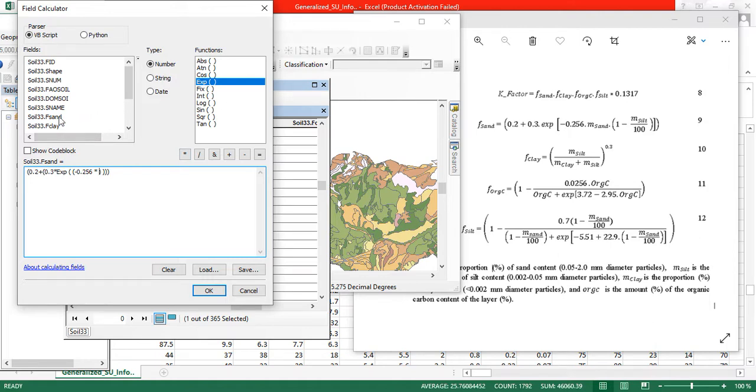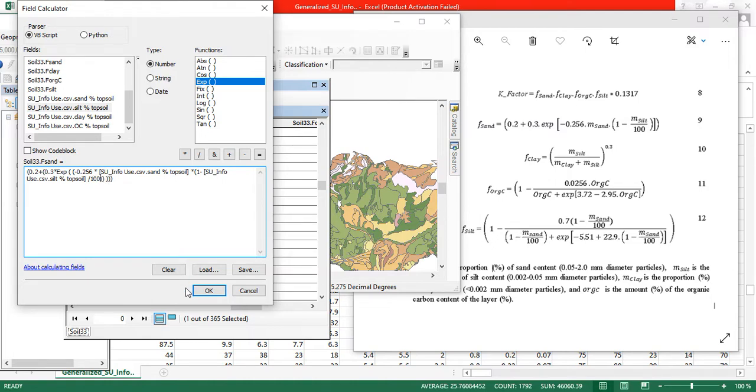m sand, then multiply by another open bracket, multiply by 1 minus m silt divided by 100.